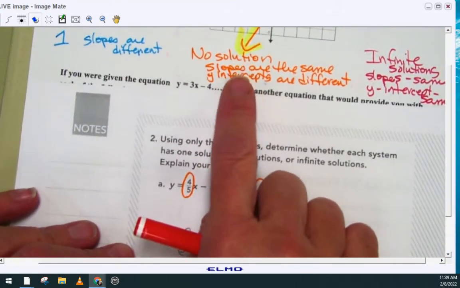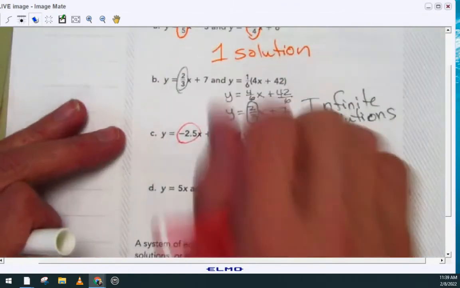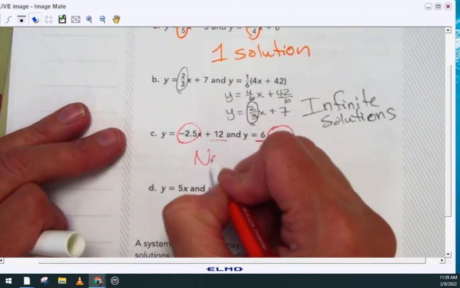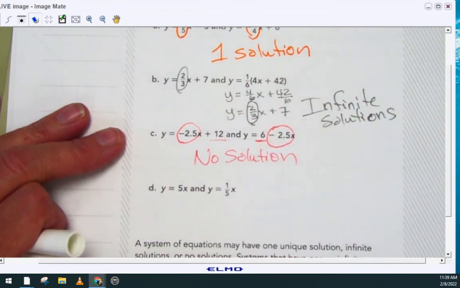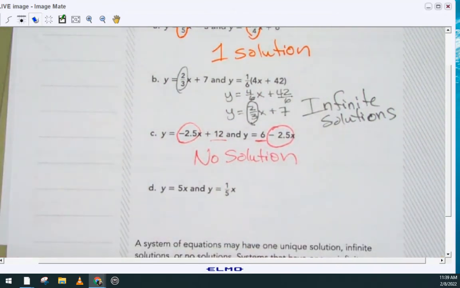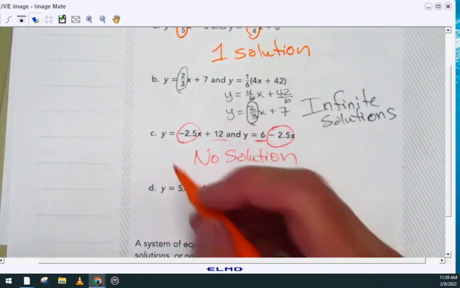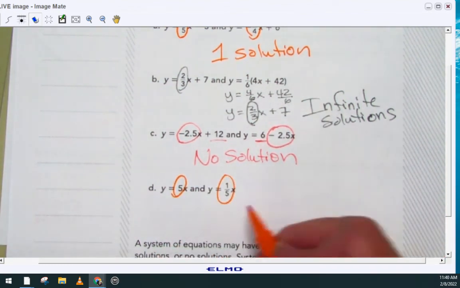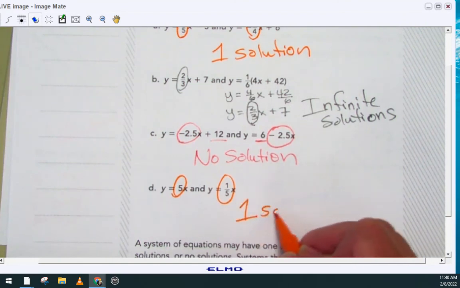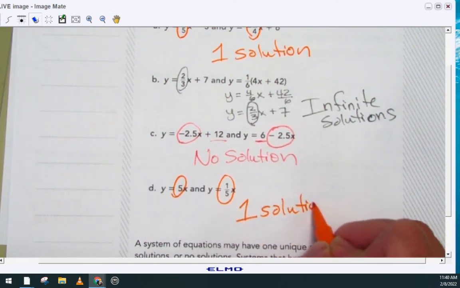So that means it's going to be no solution. And then last but certainly not least, my slopes are different. Automatically, if my slopes are different, I have one solution.